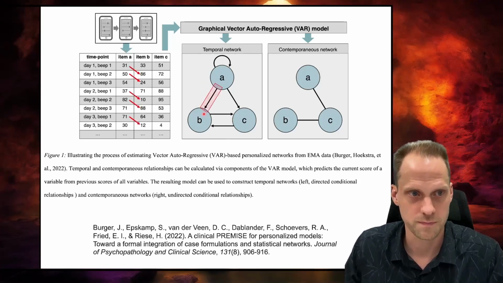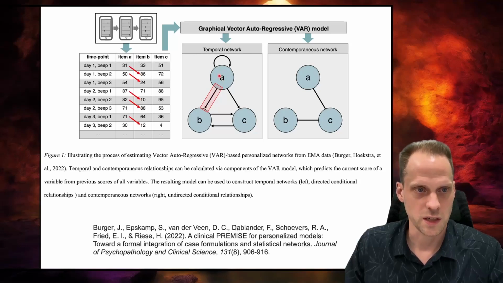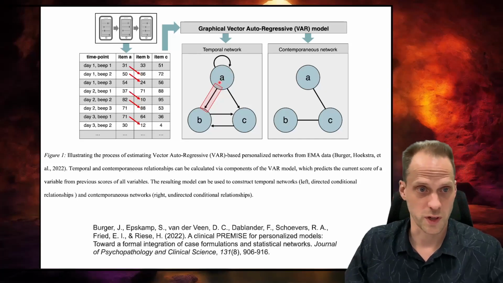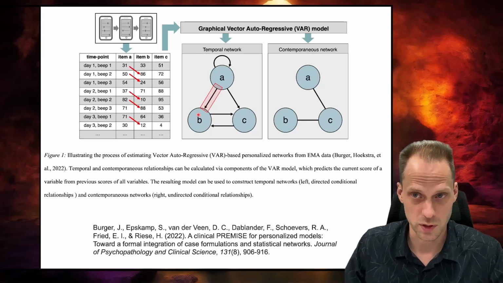over time. In this temporal network, an arrow indicates that a change in A predicts a change in B over time. And by change, I mean a change from the person-wise mean. So if my response on variable A is higher than my average at some time point, I predict that my response on variable B will be higher than my average at the next time point.